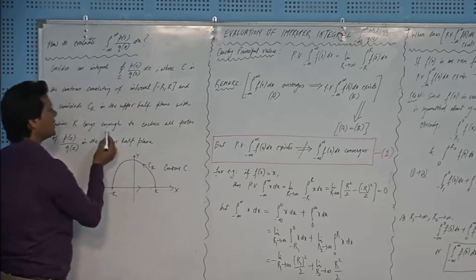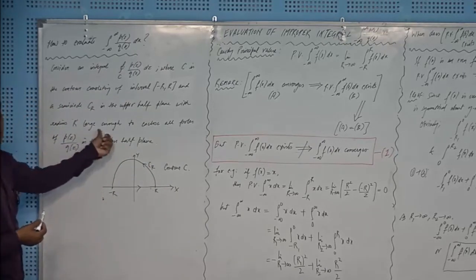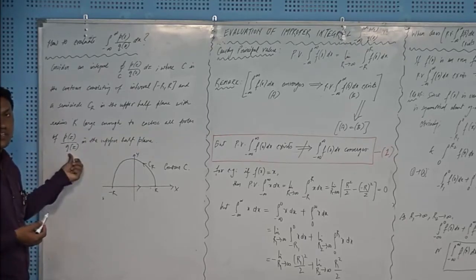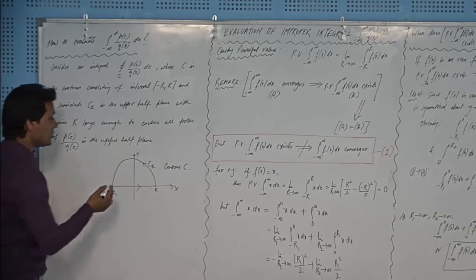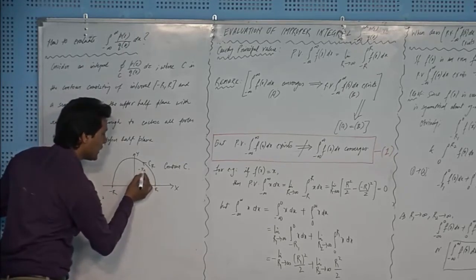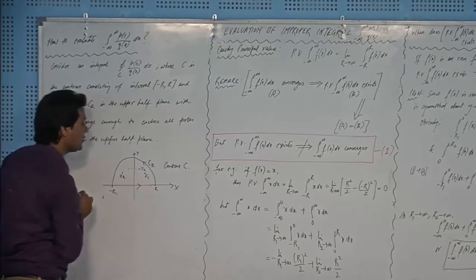And what about the radius of this semicircle? R should be large enough to enclose all the poles of this function. Suppose you have poles Z1, Z2, and so many poles up to Zk.